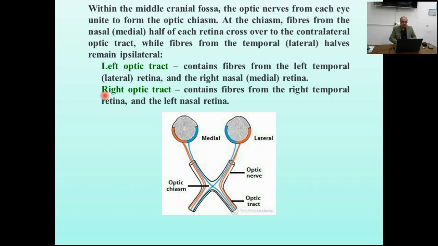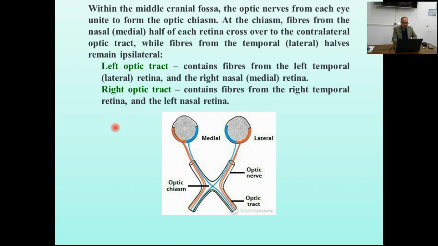At the chiasm, the fibers from the nasal medial half of each retina cross over to the contralateral optic tract, and the fibers from the temporal half remain ipsilateral.